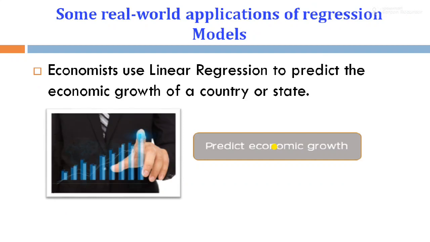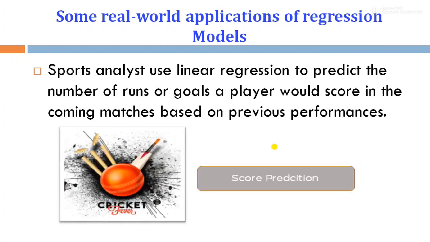Another example is predicting economic growth. Regression models can be used to predict the economic growth of a country or a state by considering various aspects like agriculture, IT industries and many more factors. So we can see regression models are very important in real life.